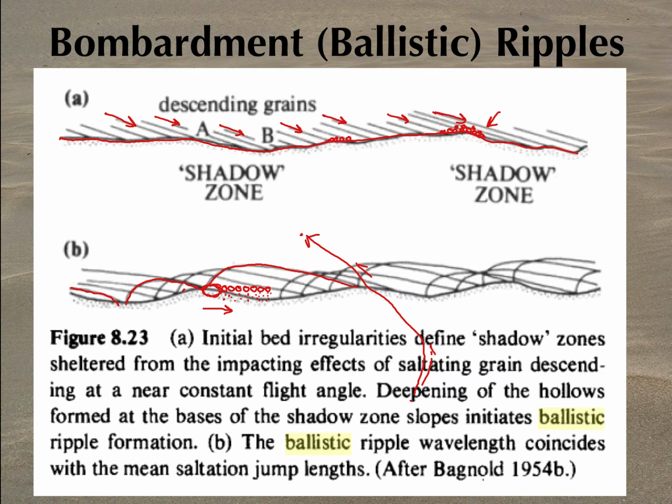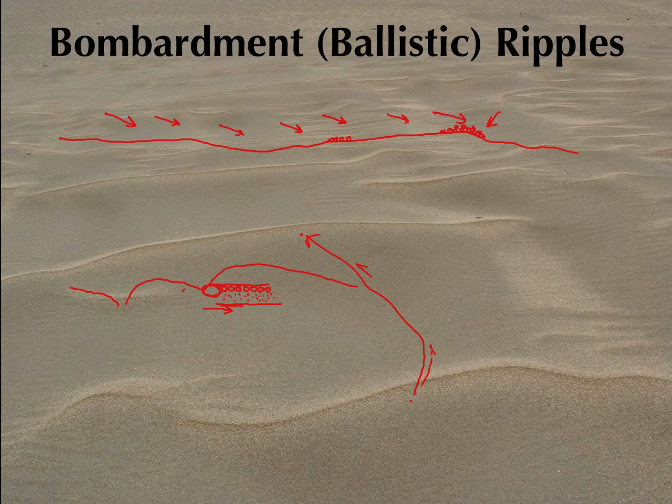And again, there's no cross bedding here. You don't have grains sliding down the downwind side of ripples to create cross beds like you do in underwater environments. Here it's all just movement by impact. And there's your pinstripe lamination. Here on this slide, you can see that all of the coarse grains are deposited along the crests of ripples.